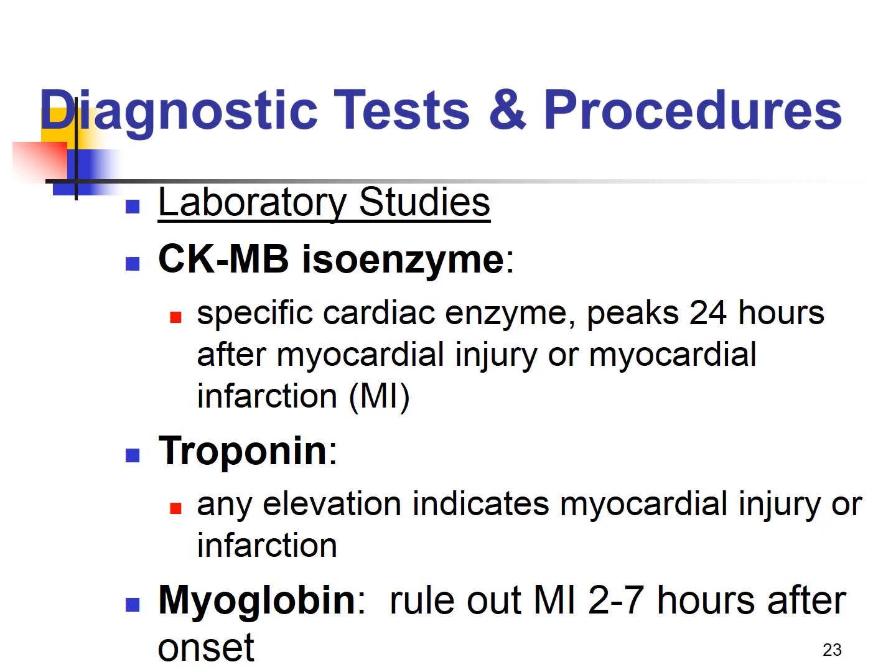So 24 hours after an MI, this level will be high. Troponin is any elevation because it's more specific, tells you myocardial injury or infarction. And then you have myoglobin, which is used to rule out MI, usually within 2 to 7 hours after the onset. Next slide.